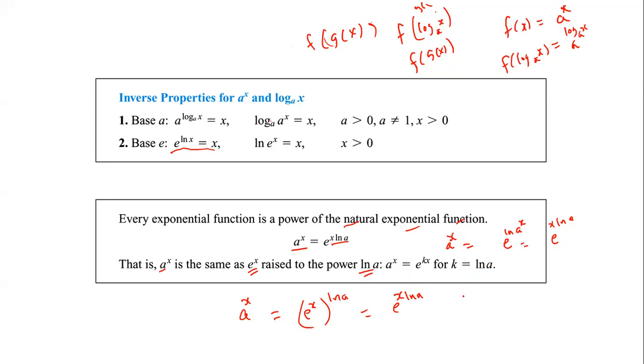Let's take a look at this one. A to the power x equals e to the kx, for k equal to ln a. So that means we can rewrite it as e to the ln a times x, right? K is equal to ln a, so ln a times x.